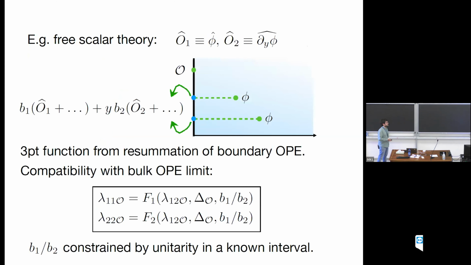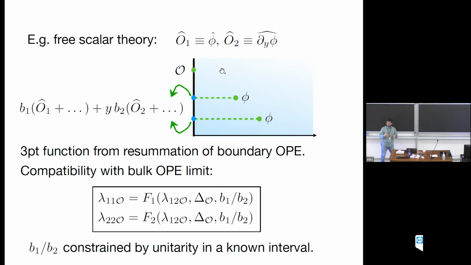Let me be a bit fast on this, but basically the idea to find these exact relations is that, since now the bulk-to-boundary OPE contains only these two operators, not just one but two, it's still simple enough that you can completely resum it. So we start with 2 bulk fields and 1 boundary operator.